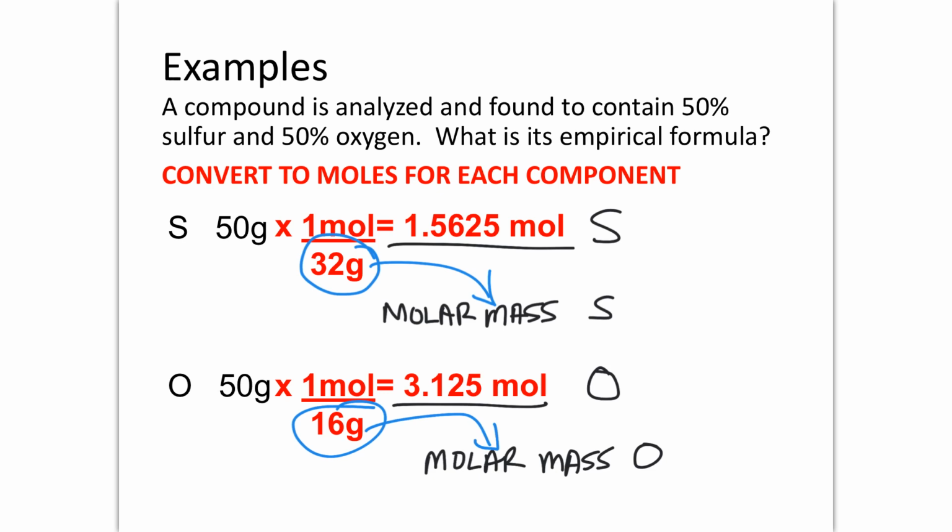So the molar ratio in the compound is 1.562 to 3.125. Now, that is not a whole number ratio, so we're going to have to convert it to a whole number ratio, and we'll do that on the next page.